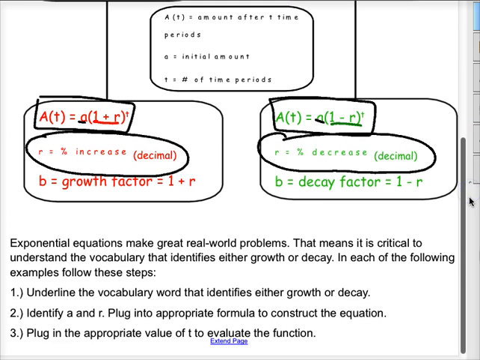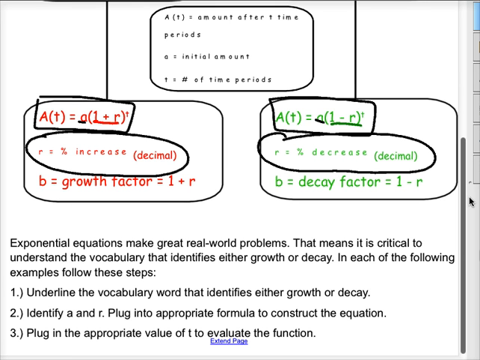So, what are we going to do with these? Well, we have a couple steps. The first step is very critical: understand the vocabulary. There's certain words that will indicate growth versus decay. You need to be able to identify those words because later on, when we're using that equation in each problem, you have to make sure you're using the right equation.